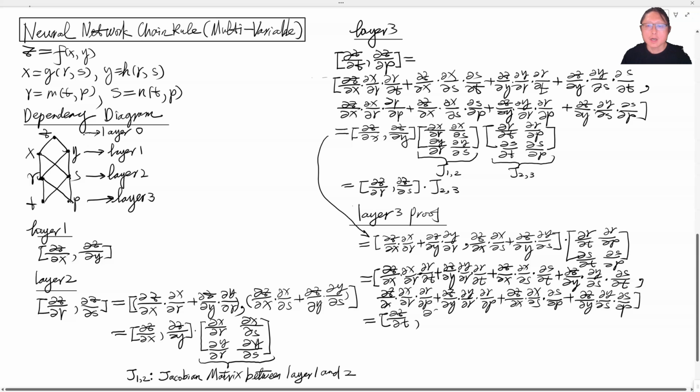So after this, we know that for this type of network, the partial derivatives between different layers are related by a Jacobian matrix. And the summary of this video will be the Jacobian matrix.